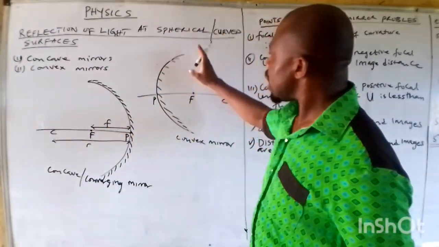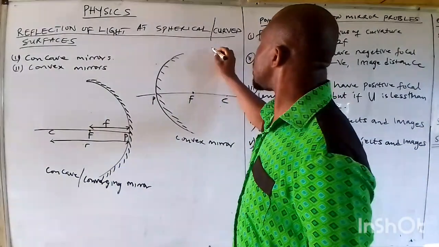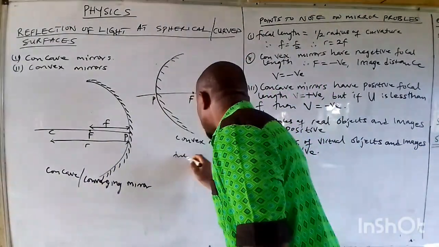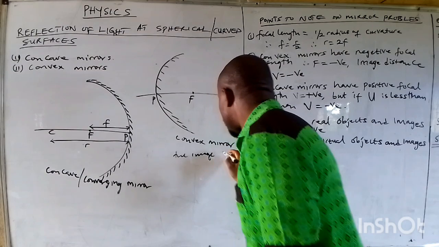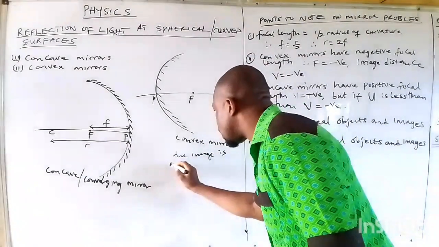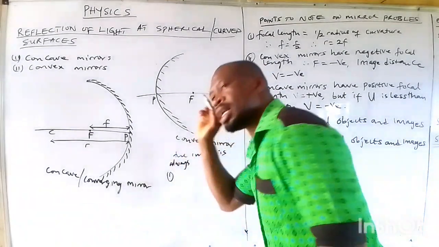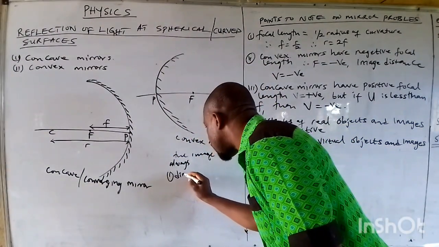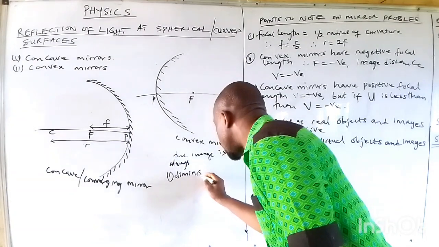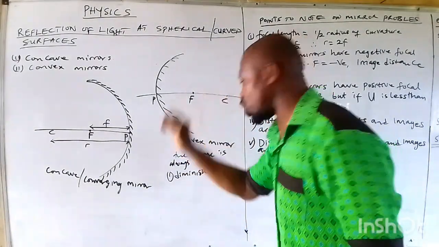For this one, the image produced is always, one, diminished.